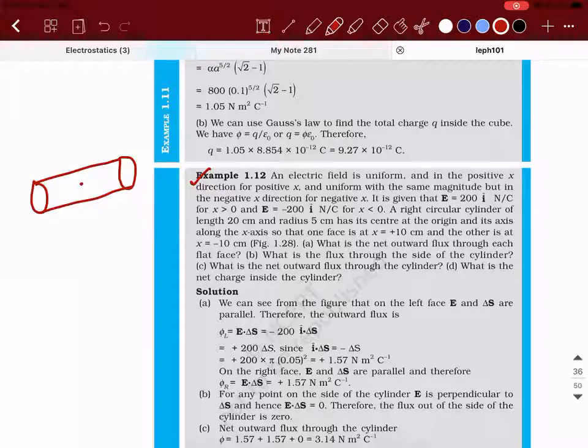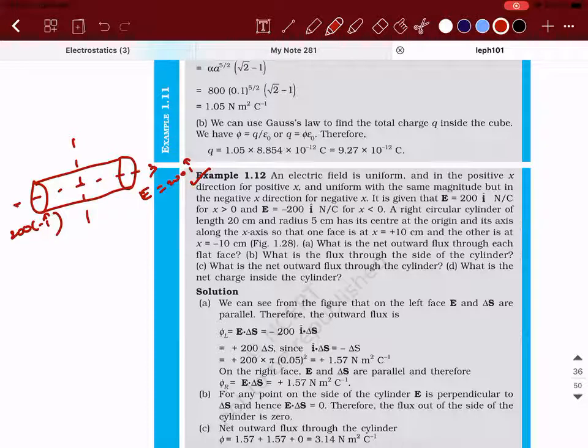So it is at the origin, and the axis is along the x-axis, right? In this direction, what is the electric field? 200 i cap. In this direction, it is minus 200 i cap. If I draw a perpendicular like this, now what are they expecting us to calculate?